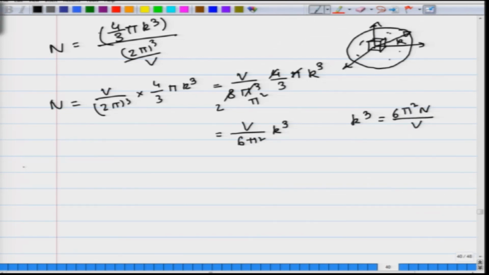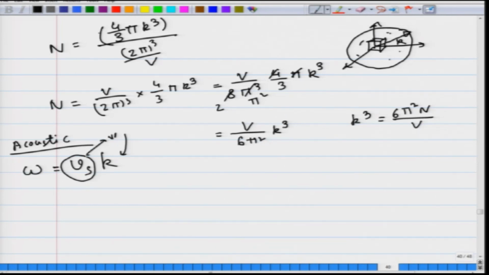Now we know that omega is Vs into k for the acoustic mode. In the acoustic approximation we can take this omega equals Vs into k, it is the Debye approximation. Vs is your velocity of sound, and this is the dispersion relation.